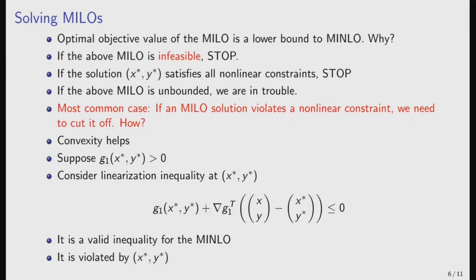So this is where the convexity comes into the picture. Suppose the first nonlinear constraint is violated. Violated means that if I evaluate the function g1 at x star, y star, then it is greater than 0, whereas we want it to be less than or equal to 0. The simplest thing I can try at this stage is to just add the linearization inequality at this very point. Let me draw a picture.